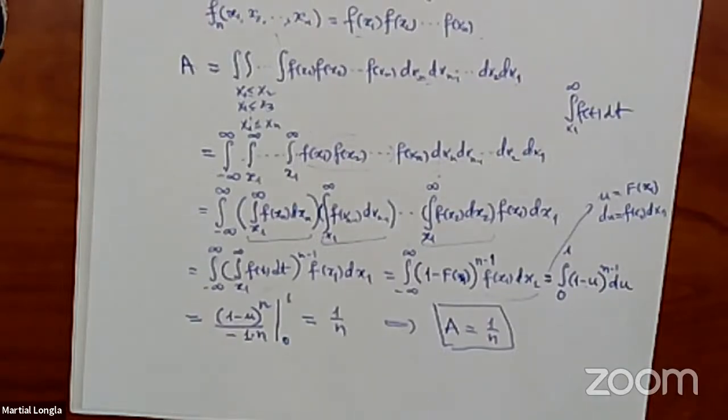So no matter what continuous distribution you sample observations from, the chance that any of them is the minimum is 1 over n.